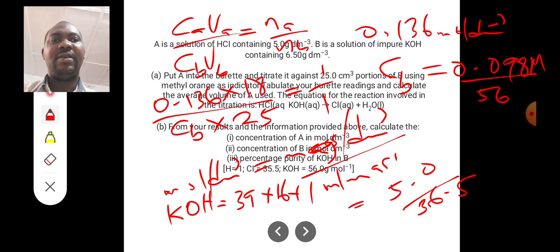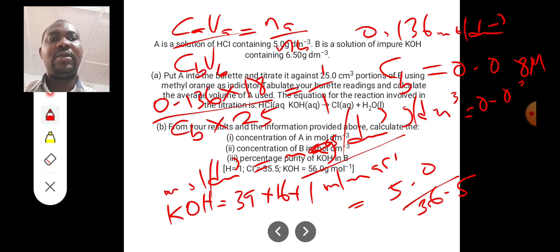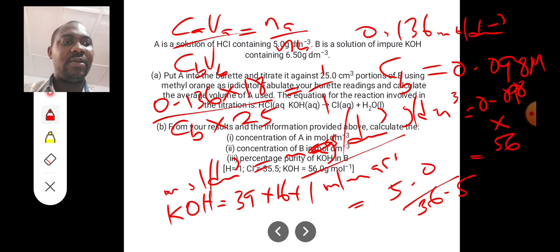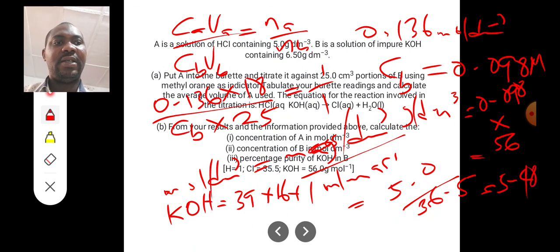So the mass concentration of the base in grams per dm cube is 0.098 multiplied by 56, which gives us 5.488 grams per dm cube. Okay, this is beautiful.